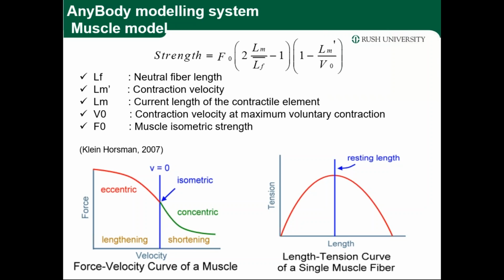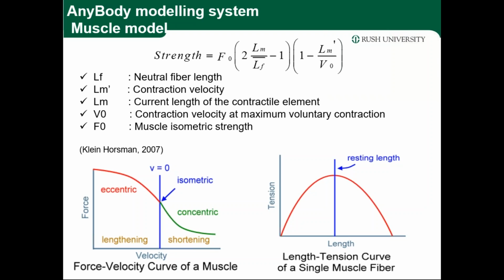So if we choose to reduce the muscle isometric strength, F0 in this equation, we can simulate muscle weakness. If you decide to simulate another kind of muscle impairment, for example, a delay in the activation, or a weakness in muscle activation, you can definitely play with other parameters in this equation.